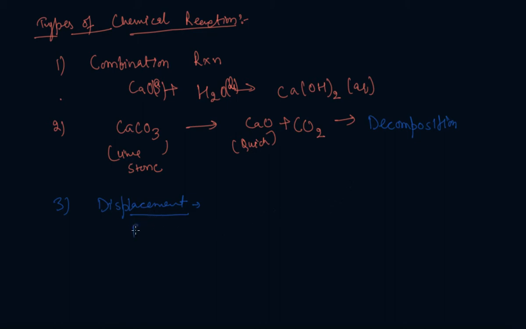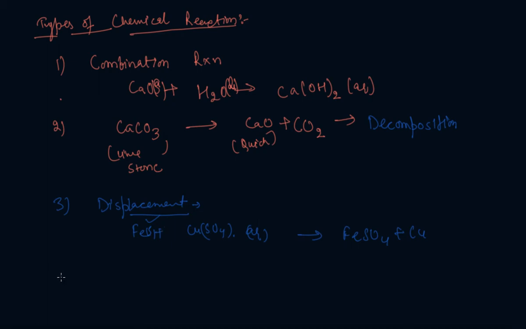The equation was like this: iron, in solid state, mixed with the solution, which is in aqueous state, forms FeSO4 plus copper. So this is what we call a displacement reaction, in which copper is displaced by iron.